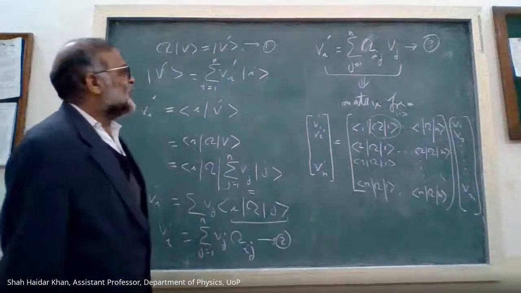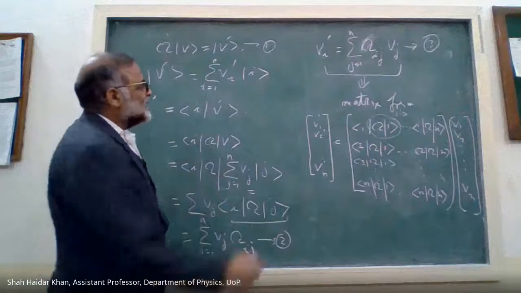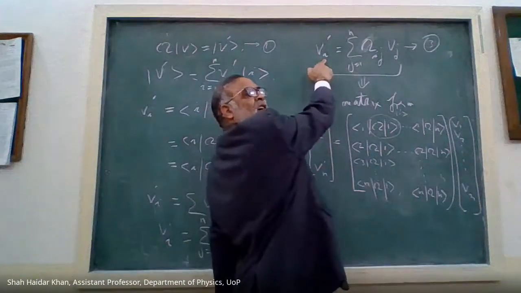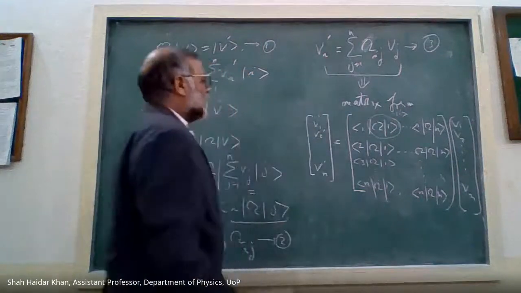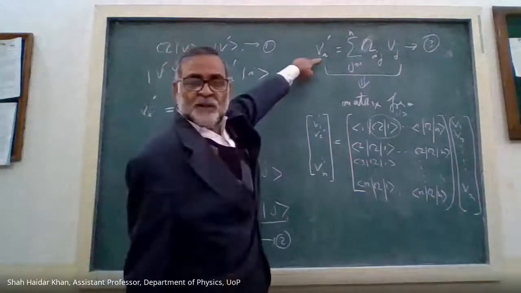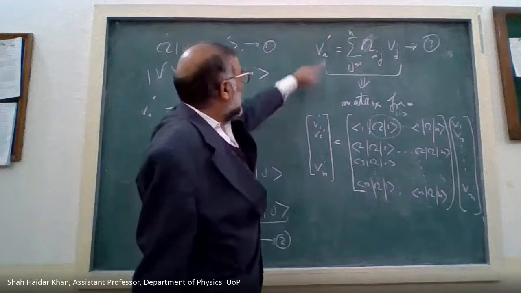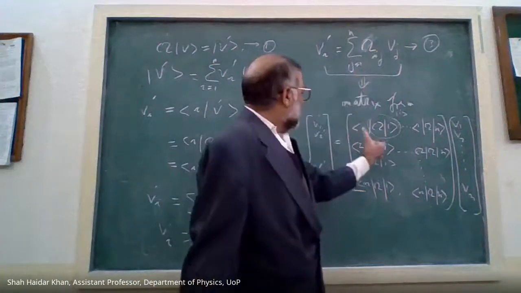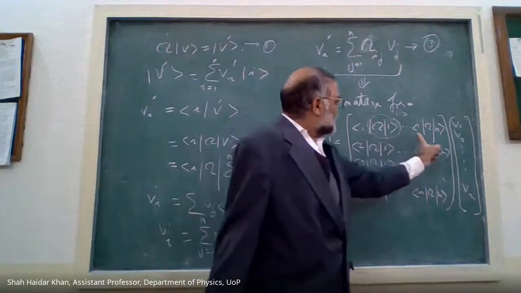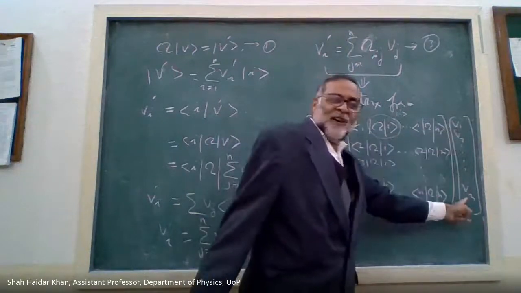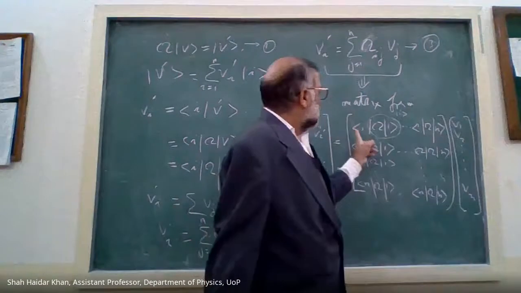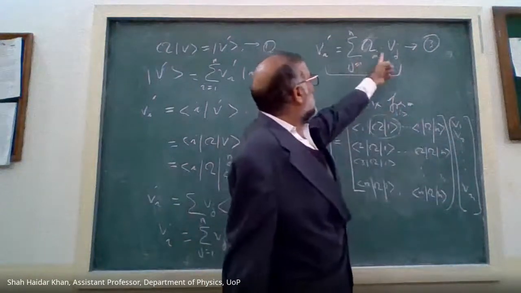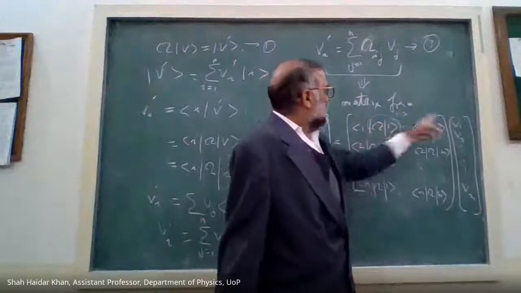Right? So this i starts from 1. If i is equal to 1, v1 prime is equal to the product of this row with this whole column. The product of this row with the whole column will give you omega ij and vj.